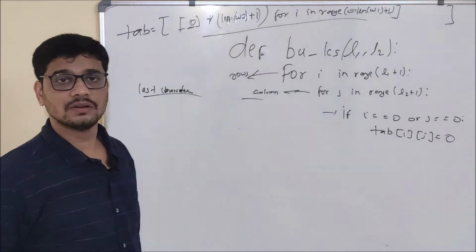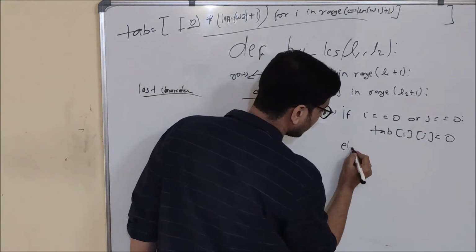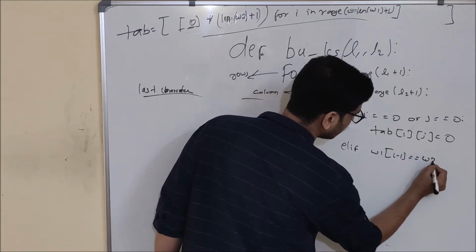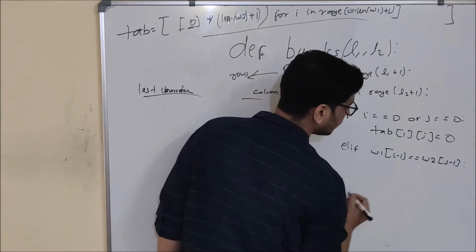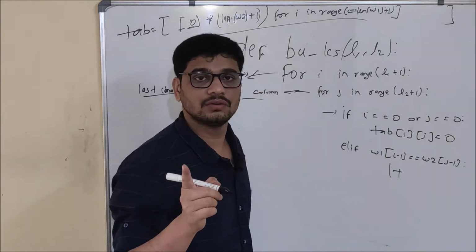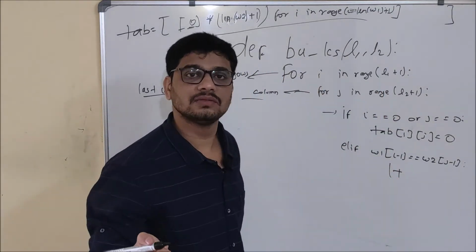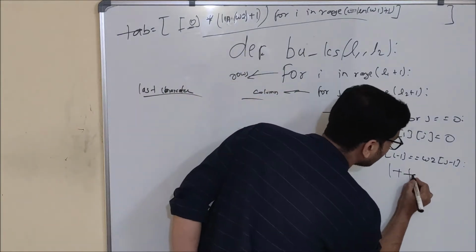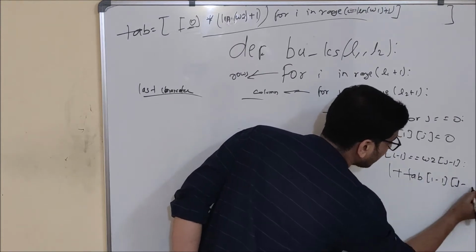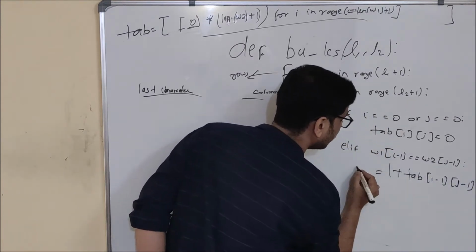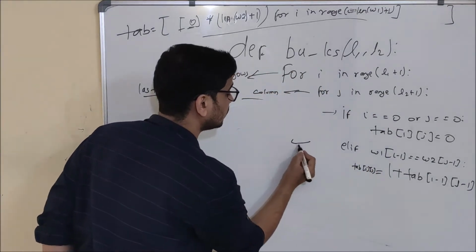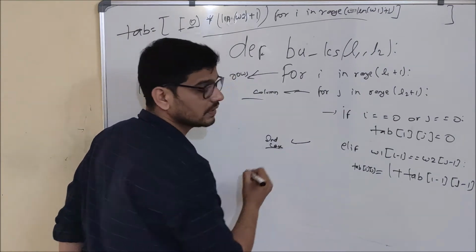If the last characters are equal, that is, if W1 of i minus 1 is equal to W2 of j minus 1, what should we do? In recursion we return 1 plus a function call to i minus 1, j minus 1. But here we do 1 plus tab of i minus 1, j minus 1, and put it in tab of i j. So this is our second case, when the last character is equal.